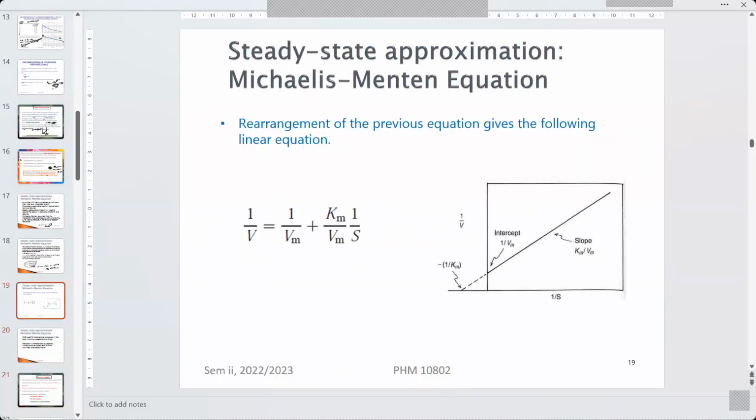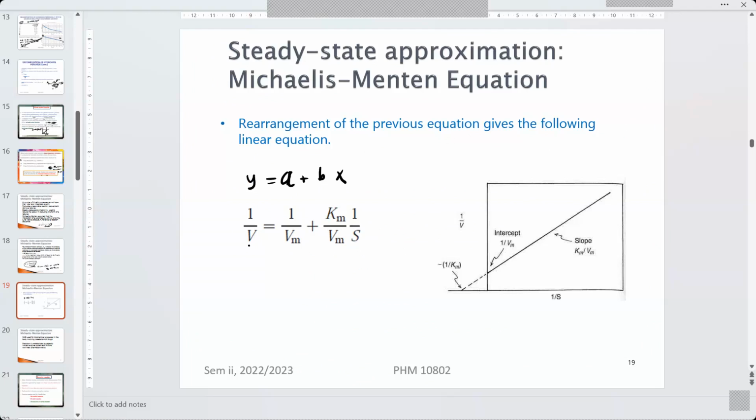So complete the idea. Usually experimentally, when we rearrange this equation, we find that the inverse of the velocity is equal to the inverse of Vmax plus Km divided by Vmax times the inverse of the concentration of drug. So this is like the linear equation, y equals intercept, which is A, plus slope, which is B, multiplied by x.